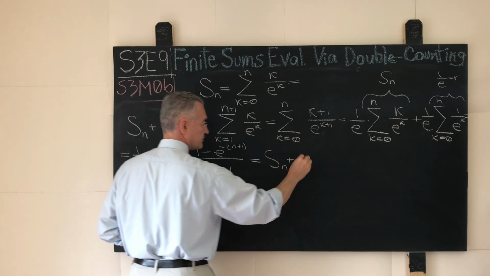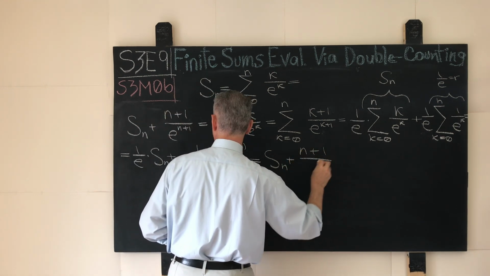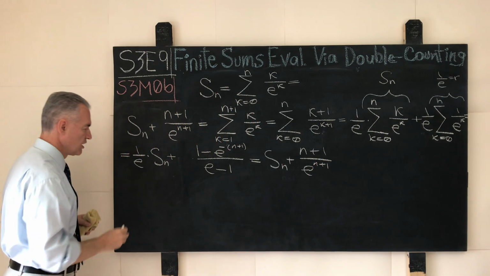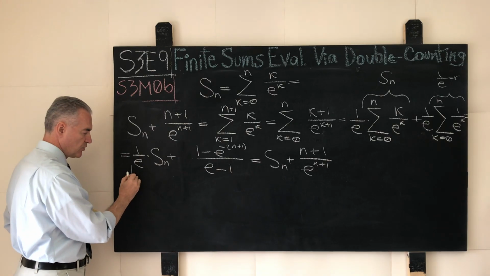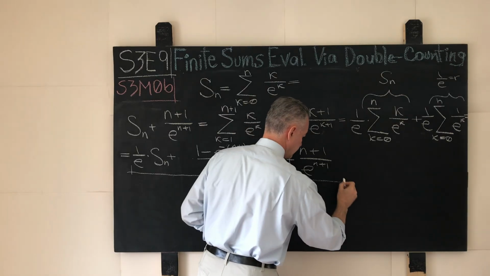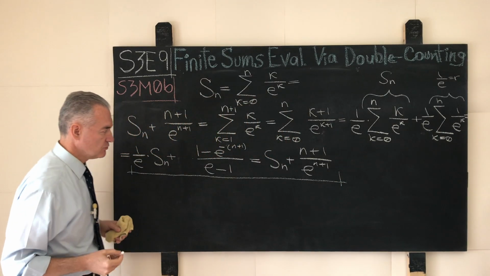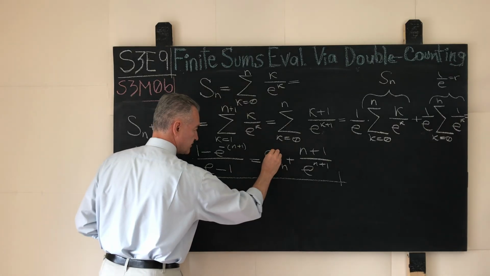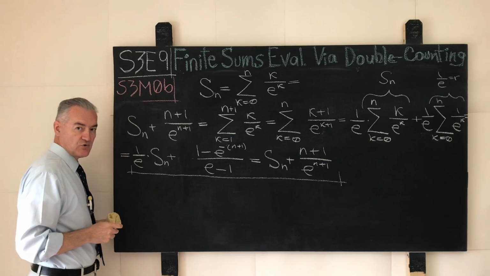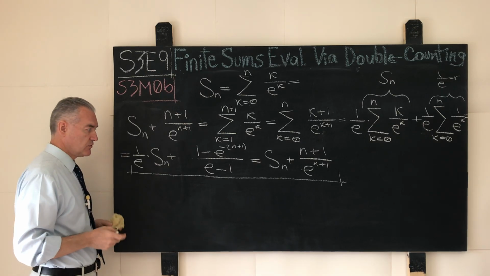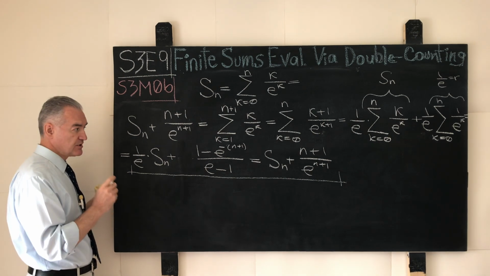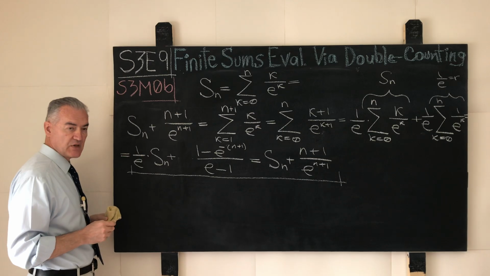S_n plus (n+1)/e^(n+1), and voila, again, we managed to obtain an equation in S_n that is solvable analytically and in symbols. This is a single variable algebraic equation of order 1 over the field of, let's say, real numbers, and provided no division by zero happens, this type of an equation always has a solution.